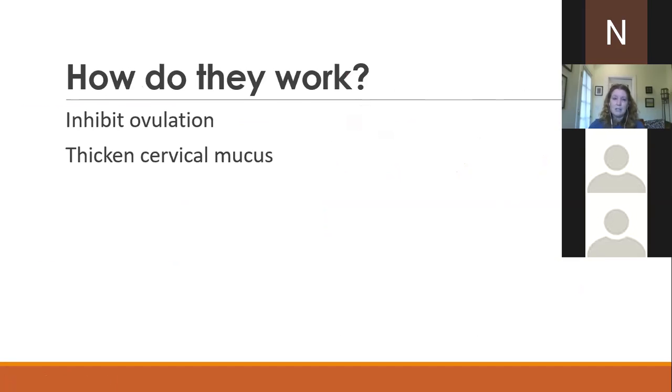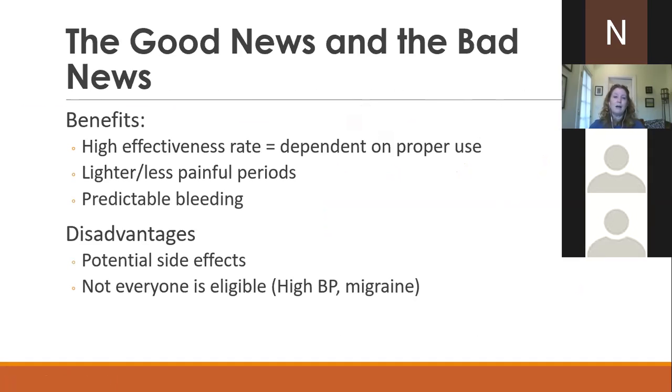So these also stop you from ovulating. They're highly effective if you use them right. Any hormonal method is going to lighten your bleeding. These will give you very predictable bleeding. The ones with estrogen are going to help with acne. Some people are bothered by what I'd call nuisance type side effects with these.